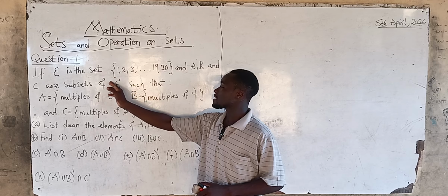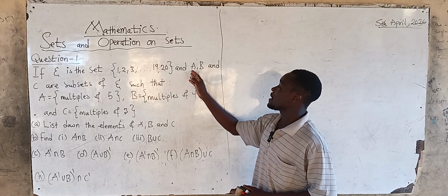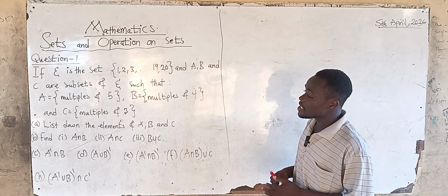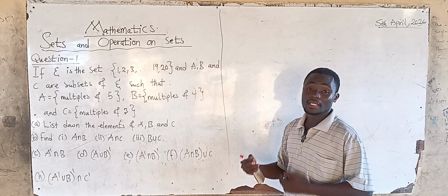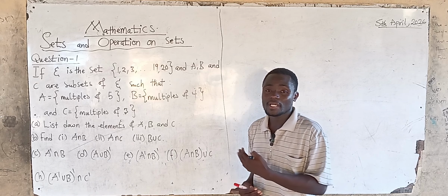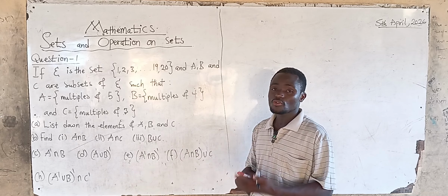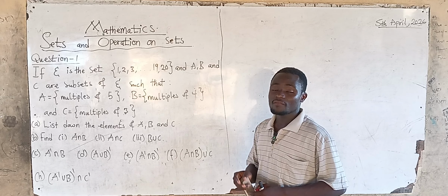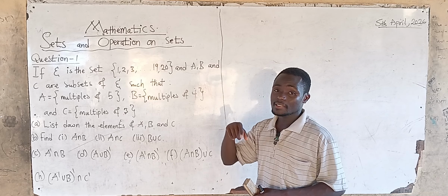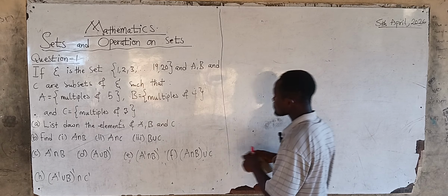It means that this set E becomes the mother set for the sets A, B, and C. Are you with me? Before we are able to list down the members of the sets A, B, and C, we need to list down the universal set, that is the mother set, which was stated here. So let's start by solving.